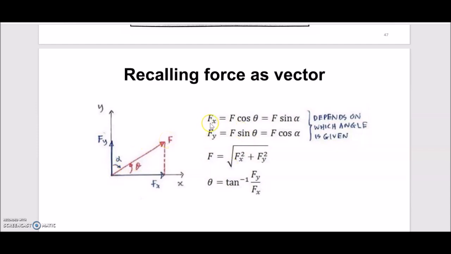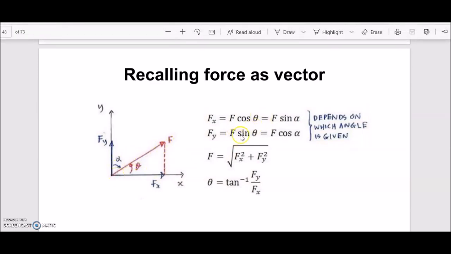For Fx, when we have theta here, cos theta is the adjacent over the force F, so it becomes F cos theta. For Fy, sin theta is the opposite over the hypotenuse F, so it becomes F sin theta.